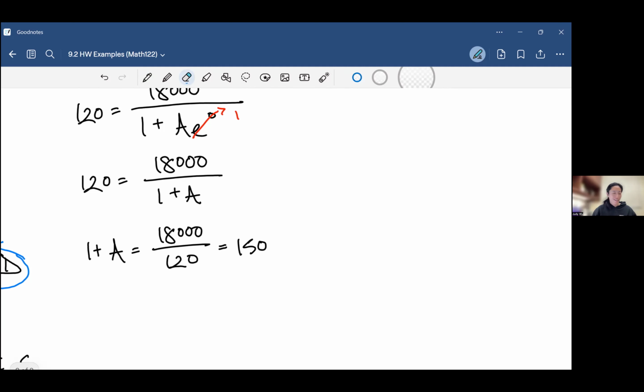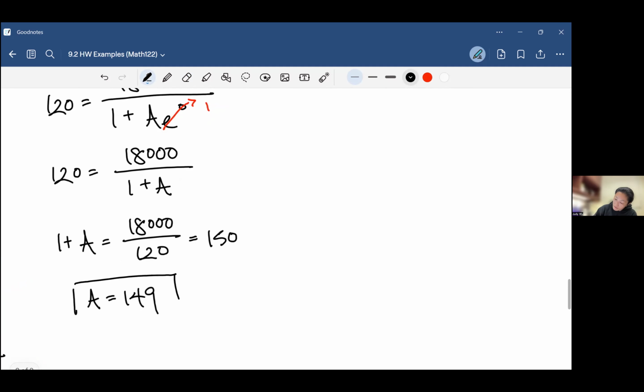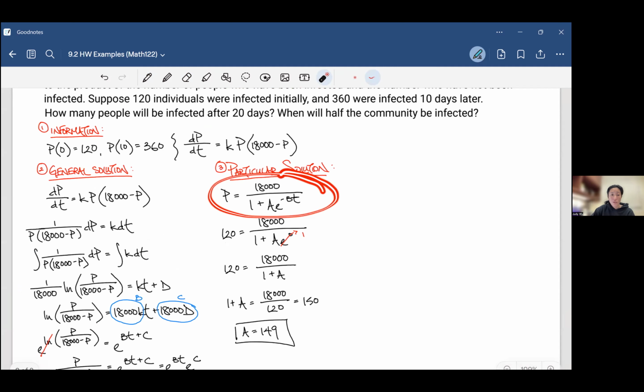Super glad I double checked that. Okay, so we get 150 for our 1 plus A, that means A is 149. Okay. Now I'm going to box this off because this is what we're going to put back into our particular solution. And we're going to use that along with the second initial condition to find our B value.